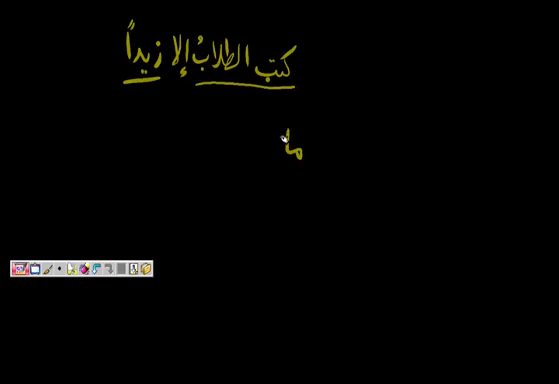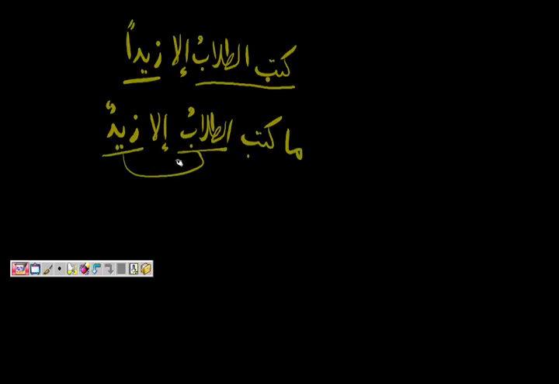However, if it had been a negative sentence, ma kataba at-tullabu, the students did not write, except for Zayd, illa, then, and I can say Zaydun. Why Zaydun? Because Zayd here is an exception from at-tullab, right?